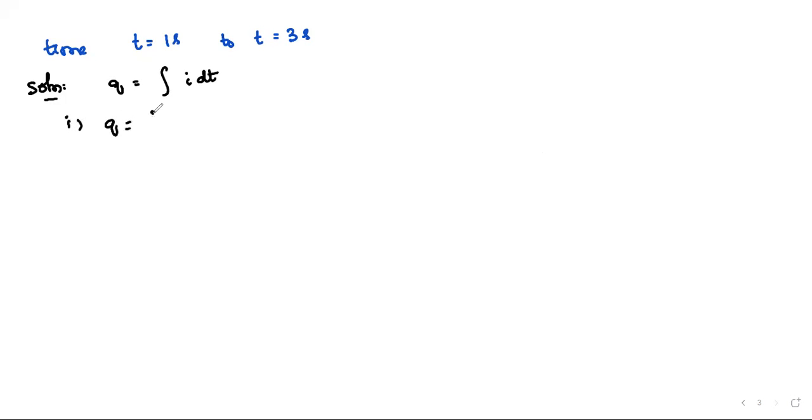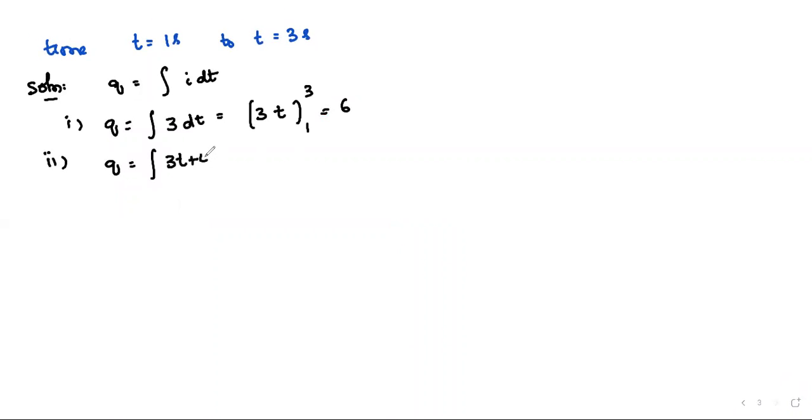So first one, integral of 3 amps, 3 dt, that is simply 3t in the limits 1 to 3. This is equals to 6. Exactly. So I think all of you completed. Sai Srikar also completed. Q equals integral of 3t plus 4.